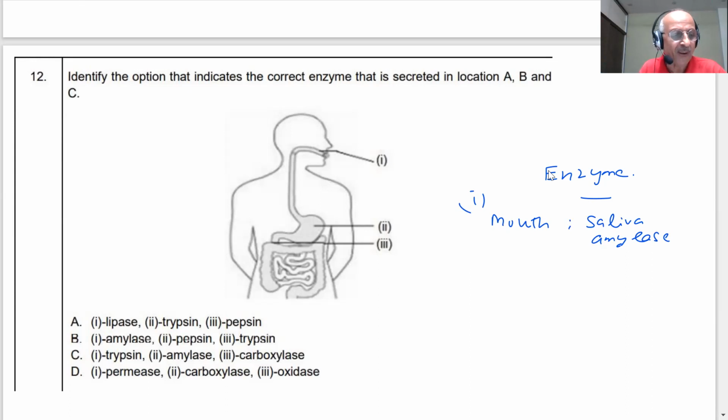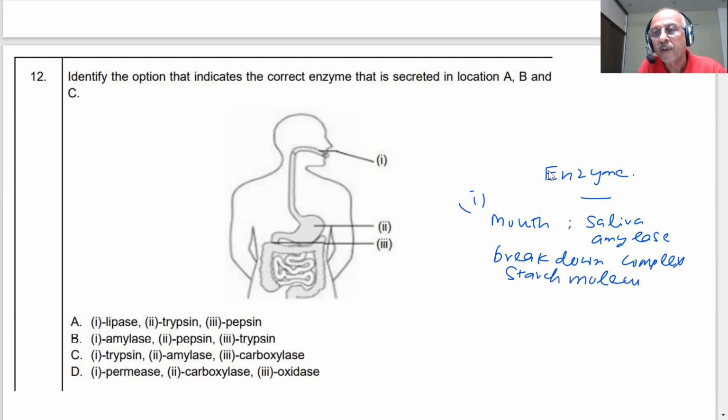They will break down complex starch molecules into simple sugars. So this we already know, we have studied. This is what is going to happen in the first case. The enzyme name is amylase, student.